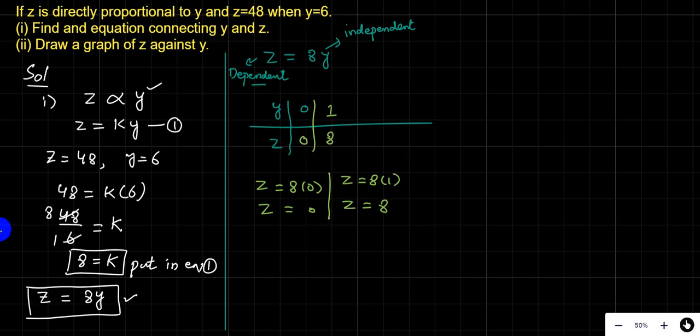If y is 1, z is 8. If y is 2, z will be 8 times 2, z equals 16. So you can see the pattern: 0, 8, 16. Then the next number will be 24. So this is the table.